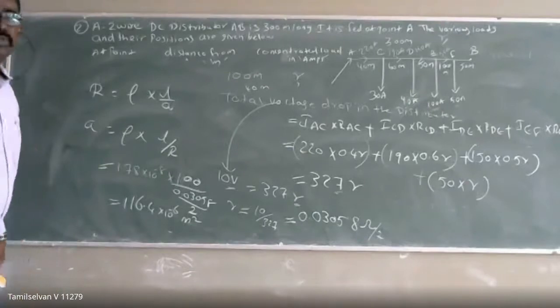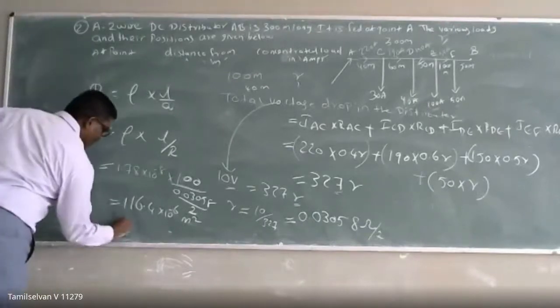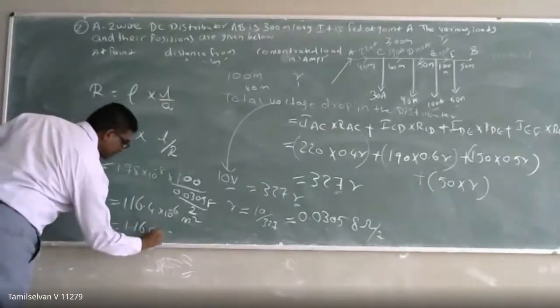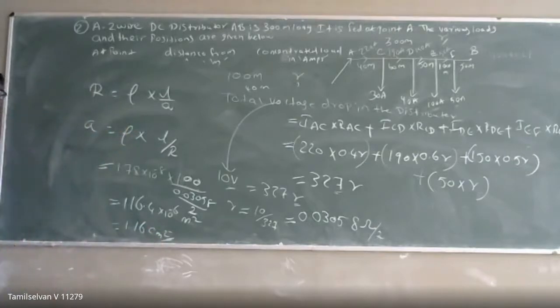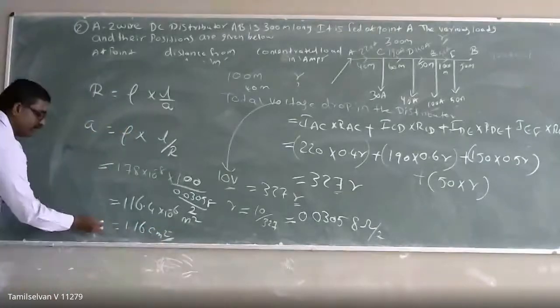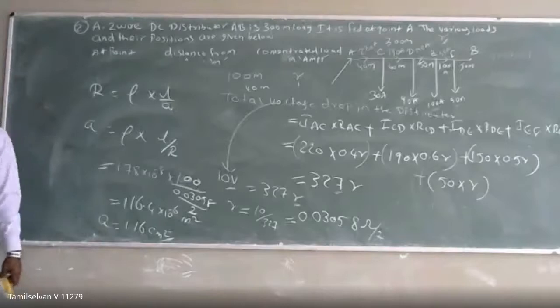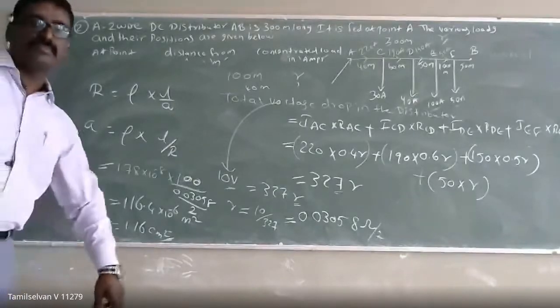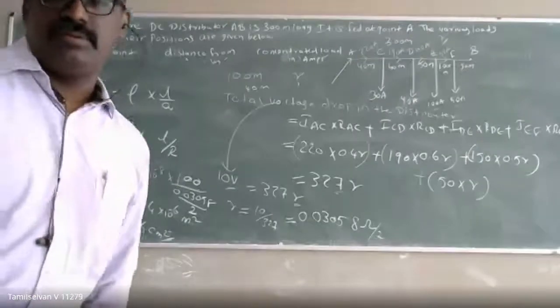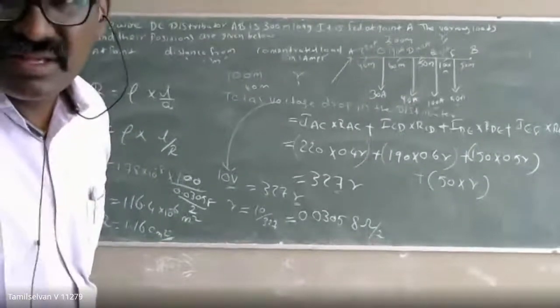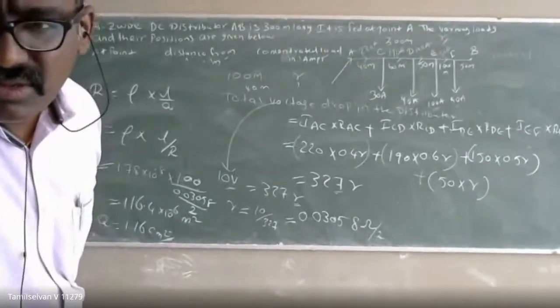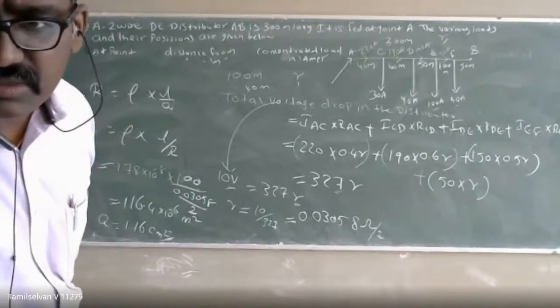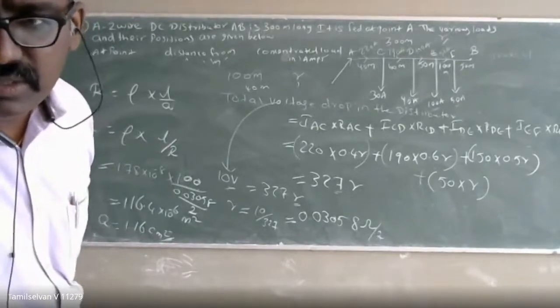So this is nothing but 1.16 centimeter square. That is your cross sectional area. Take your answers, and check where you have made a mistake. I think Ashwin has posted 0.1529.